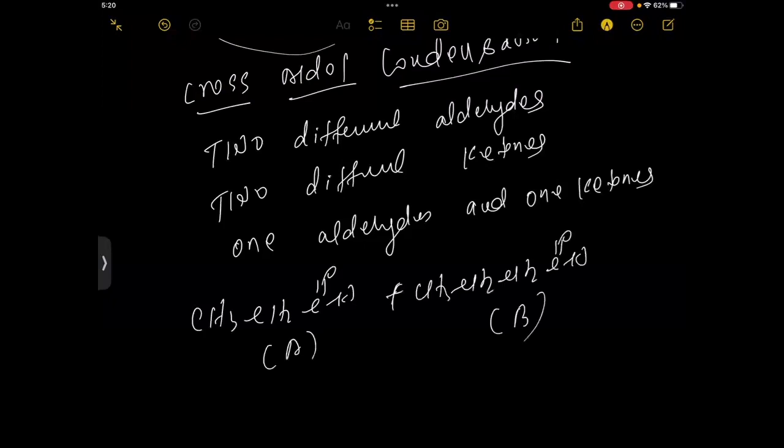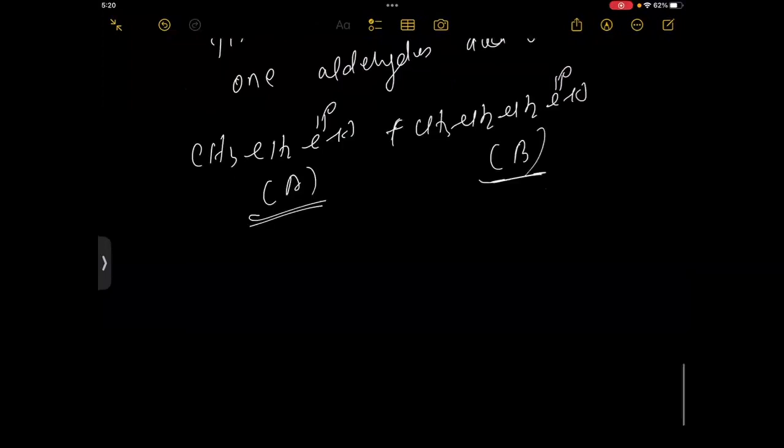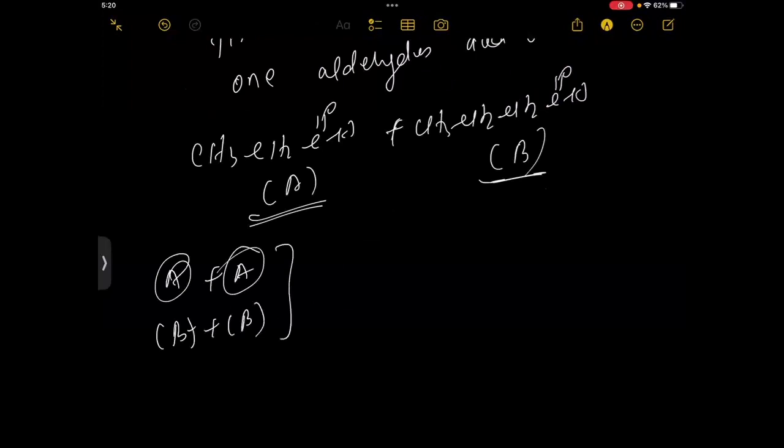This is A, this is B. The question is, how many products will form? Four products will form. If both compounds A and B contain alpha hydrogens, then four products will form. You can see here: A plus A, there will be self aldol; B plus B, you will also get self aldol; A plus B and B plus A.